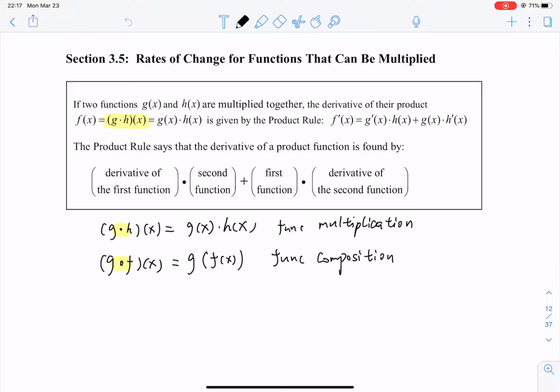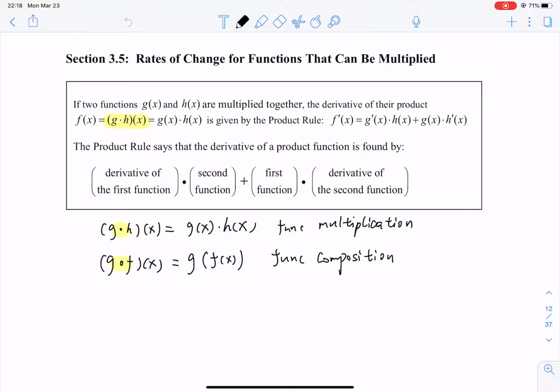This is the question for this section. Sections 3.5 and 3.6 are talking about the derivative for functions that can be multiplied. But sections 3.3 and 3.4 are talking about the derivative of composite functions.